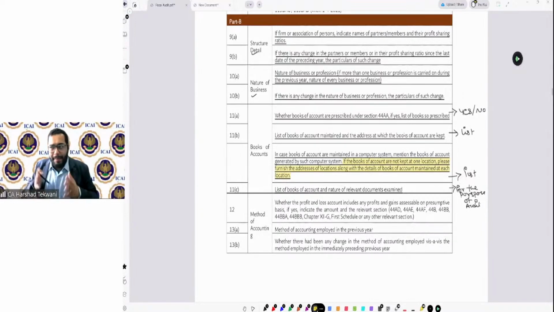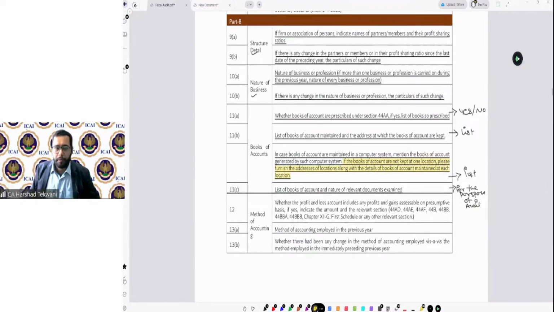If I'm able to access the books of account from the Mumbai server, then yes, the details of the Mumbai server. If my books of accounts are also hosted from some other server, let's say a Bengaluru server or Kolkata server, in that case, I need to mention the details of that server also. So the location of the server or unique IP address can be mentioned over here.